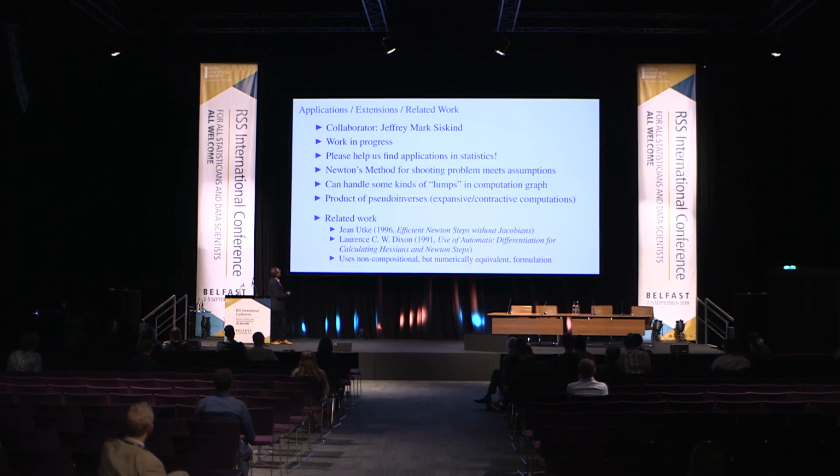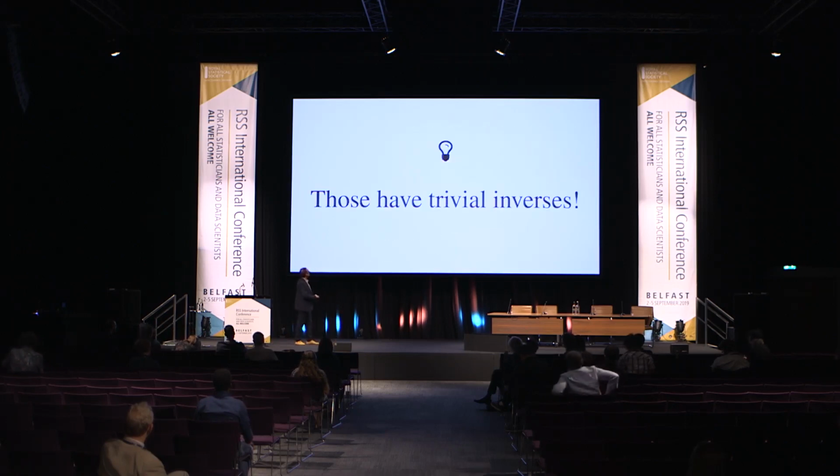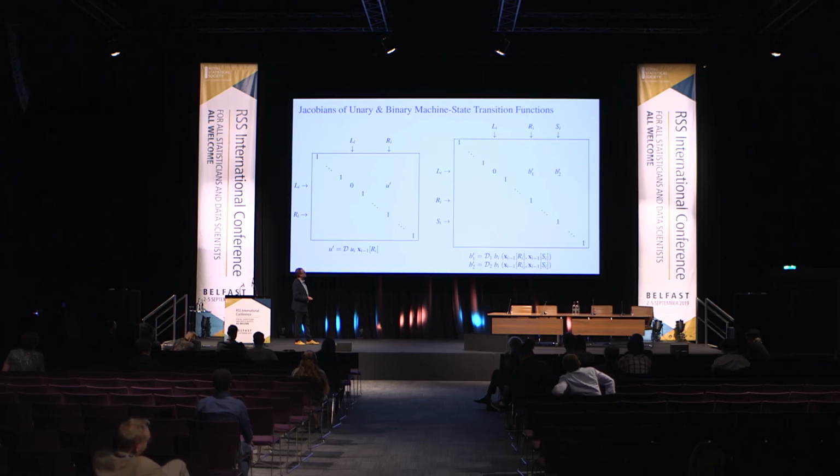There's one constraint about this, right? If we go back here, in order for these matrices to have trivial inverses, they have to be square, right? That means the number of live variables has to stay constant. That means it has to be a constant with computation.